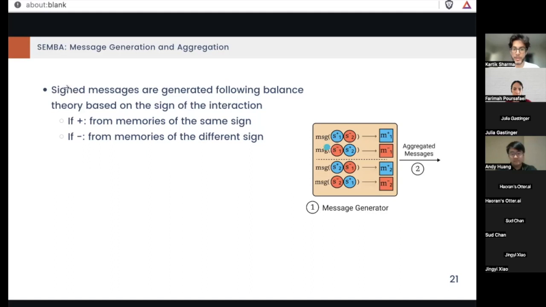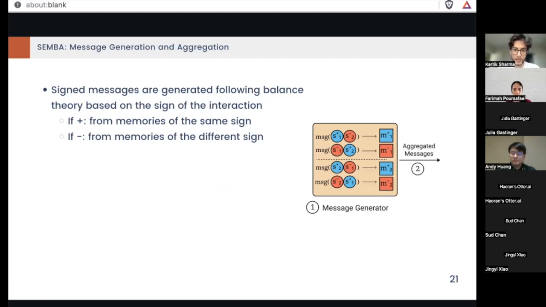And we would like to enforce the balance theory, as just pointed out. How we do it is based on the sign of this interaction. If the sign of the interaction is positive, then we combine memories of the same sign. And if it's negative, we combine memories of different sign, as we have seen.